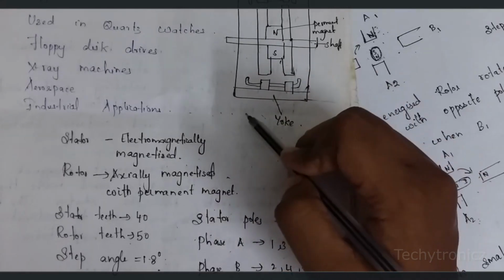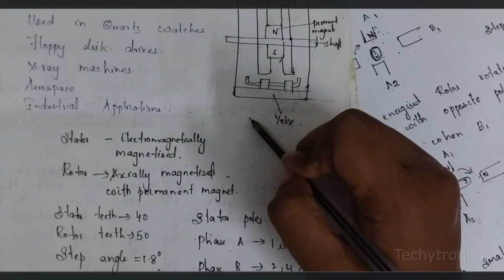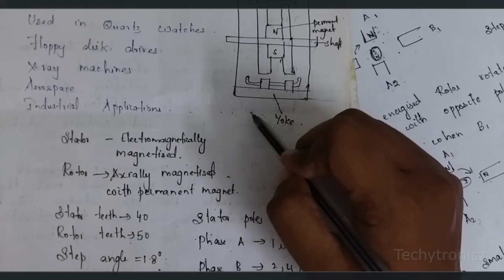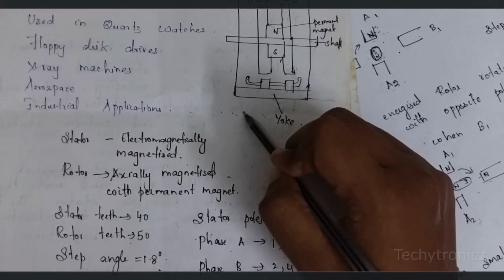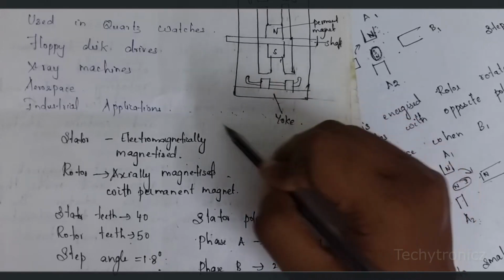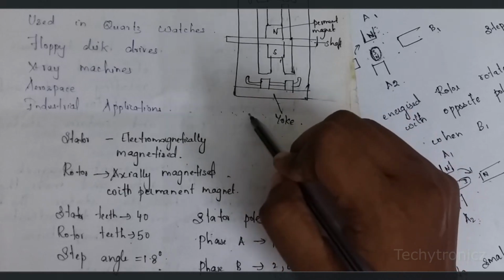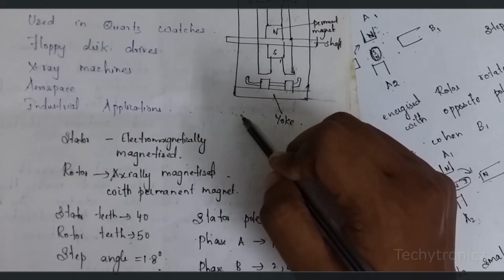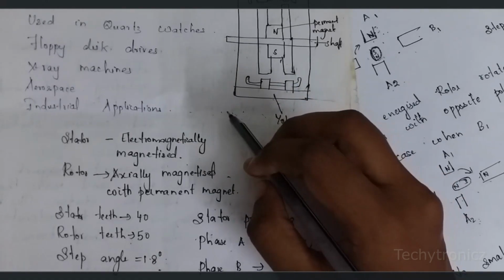First it fills the liquid in the bottle, then with a particular step angle rotation it moves, and then the bottle is closed. Likewise it rotates and performs multi-purpose tasks. That is also one of the stepper motor applications.